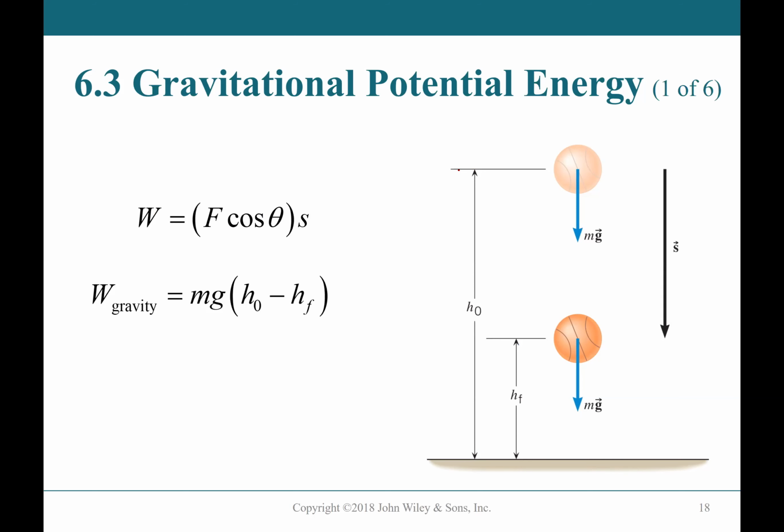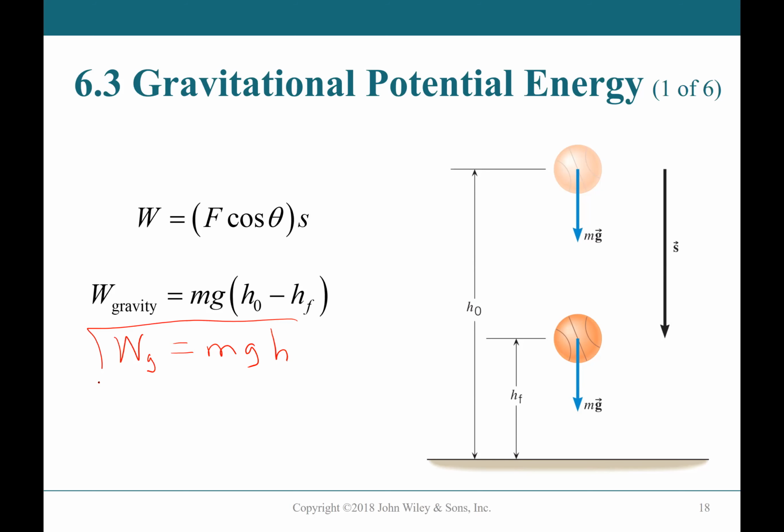Now, this author's notation is a little different from what I have normally seen. So I just like to say that work against gravity is just mgh, where h will represent the actual distance that it moves from its initial position to its final position.